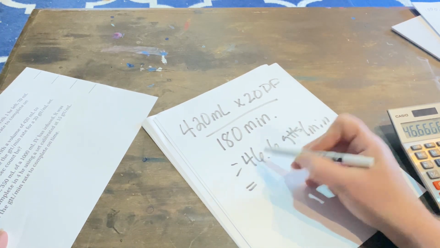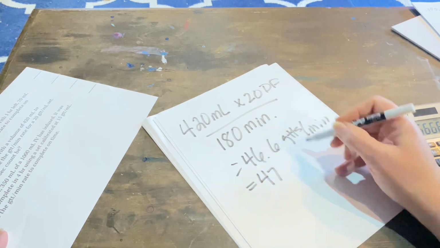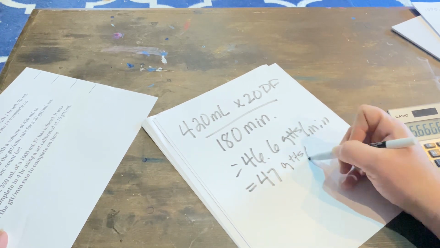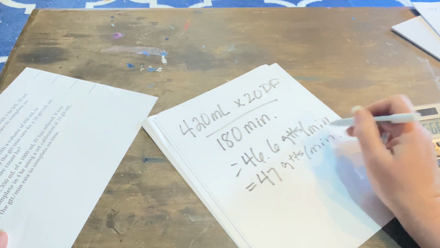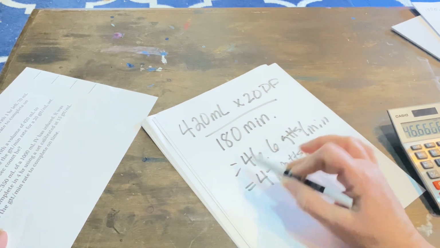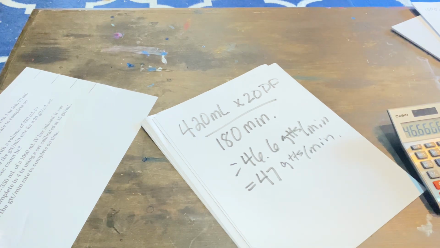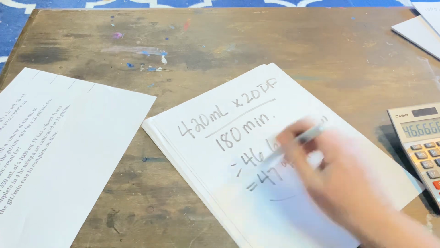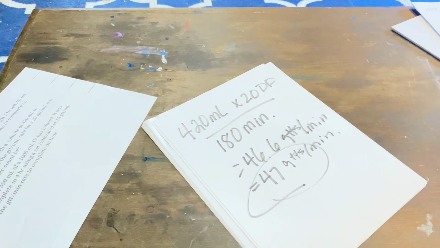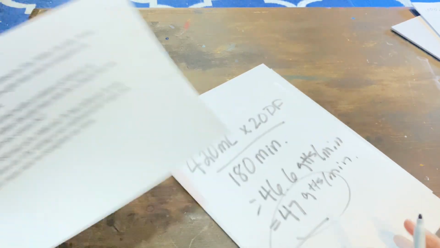Equals, that's going to make that a 7. 47 drops per minute. And I always write that out because I don't want her to come back. I ain't put that. I didn't know what you was talking about. And I can't hit nobody. So, that's what I'm talking about. All right. Let's do another one.